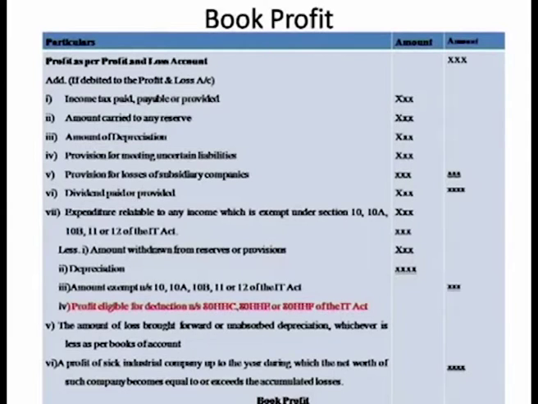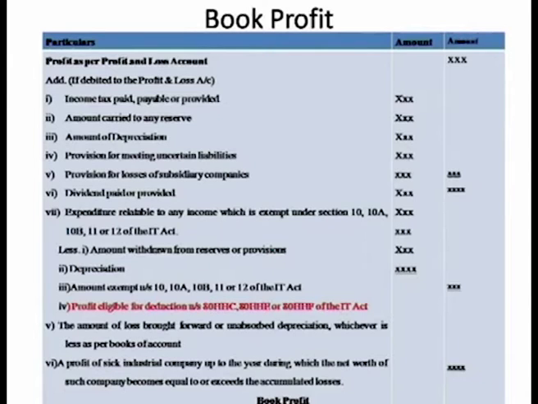For example, income tax paid or payable, amount created to any reserve, amount of depreciation, provision for meeting uncertain liabilities, provision for losses of subsidiary companies, dividend paid or provided, expenditure relating to any income which is exempt under section 10, 10A, 10B, 11, 12 of the Income Tax Act. So, all these items are to be added to the profit as per profit and loss account.